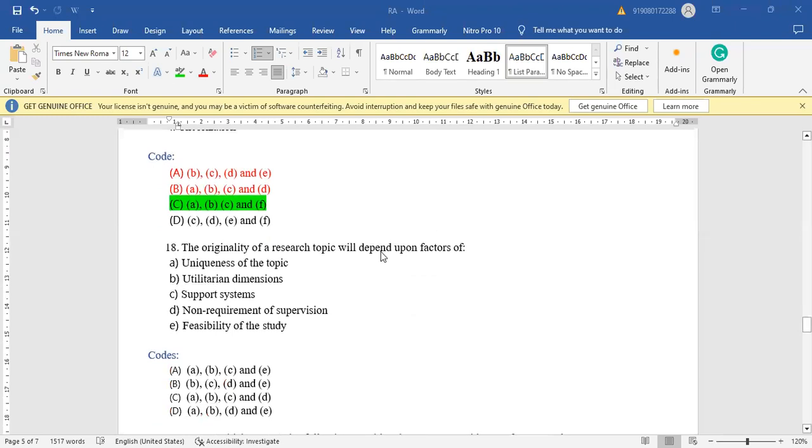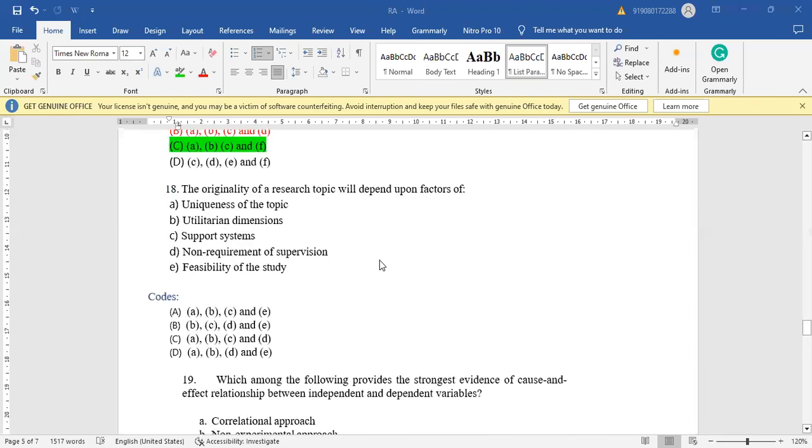The originality of research topic will depend upon factors of dash. Answer B, sir. Answer B, okay. Others? Others, no opinion?